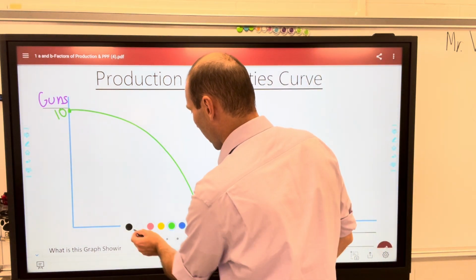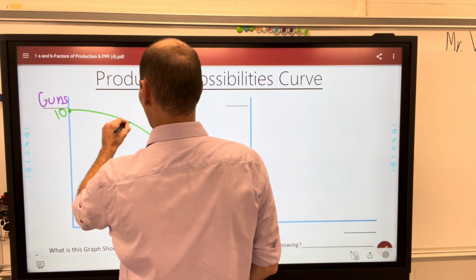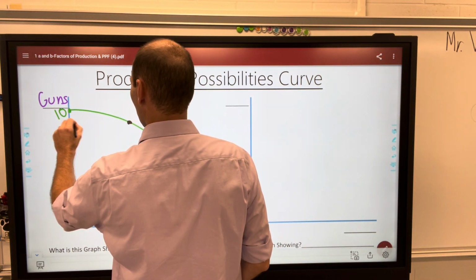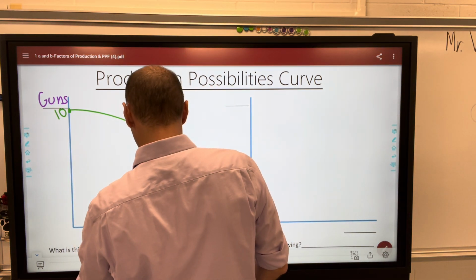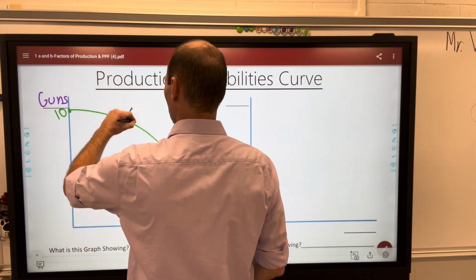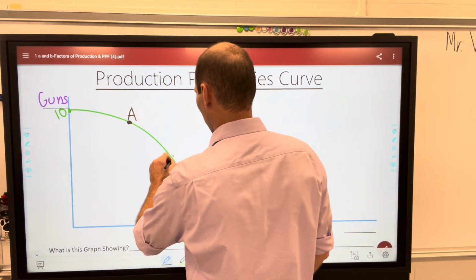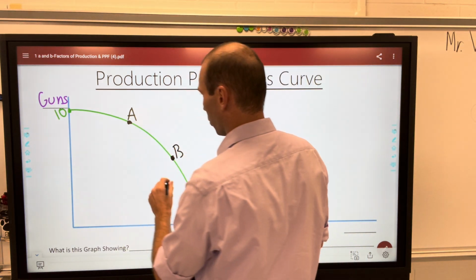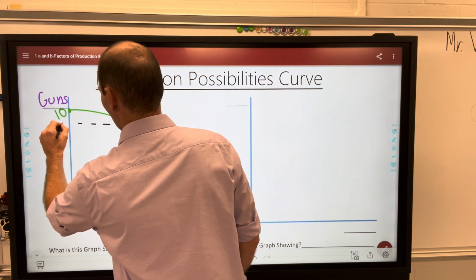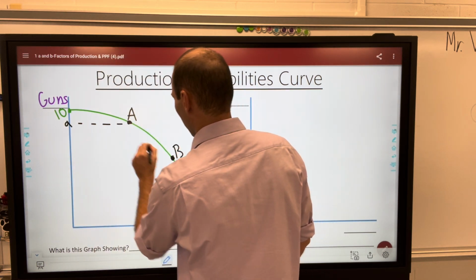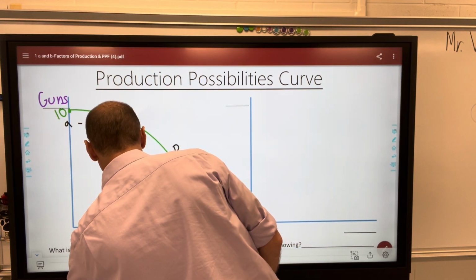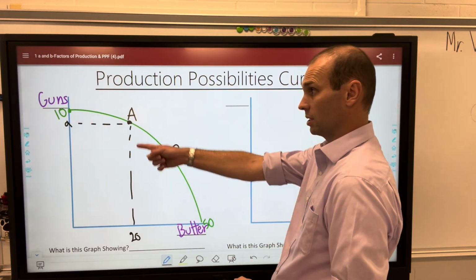So we could go ahead and have a point like right here, which would be something like 9 guns, and that would probably be about 20 butters. Let's call this point A, okay? We could also possibly have a point B here, and I can give you tiny ones. Let's say that's 9 and 20 here. So 20 butters, 9 guns.